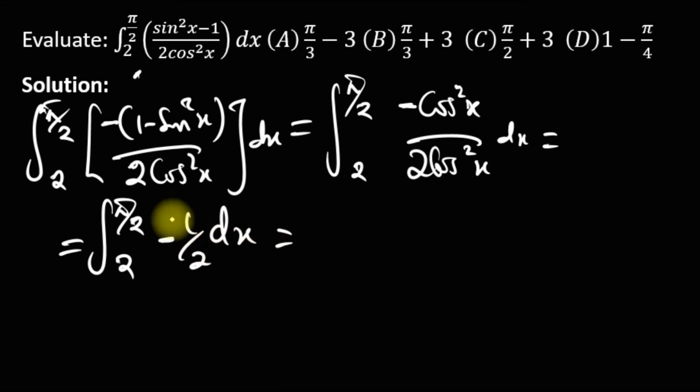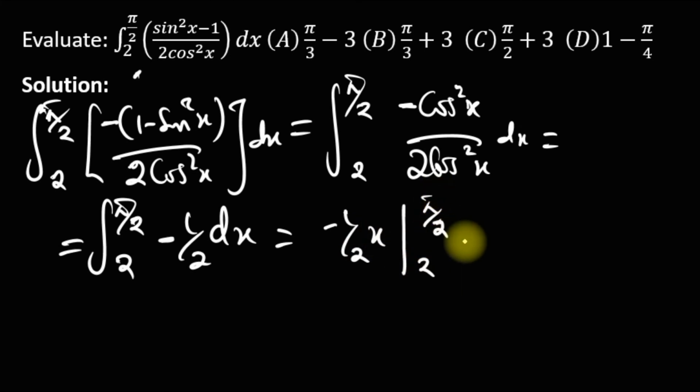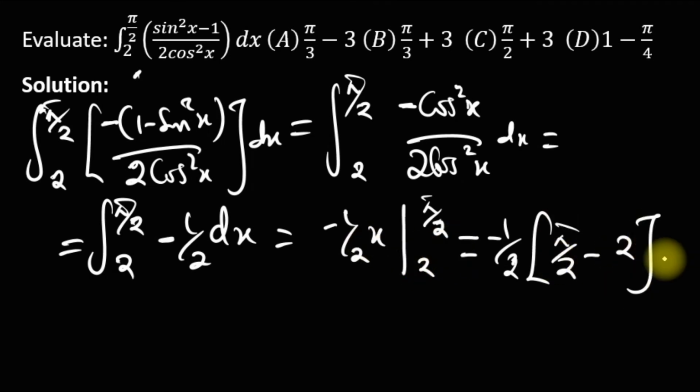This means the integral of minus half is minus half x from 2 to pi over 2. Remember, minus half is constant, so bring out minus half. We substitute the upper limit and subtract the lower limit: pi over 2 minus 2.